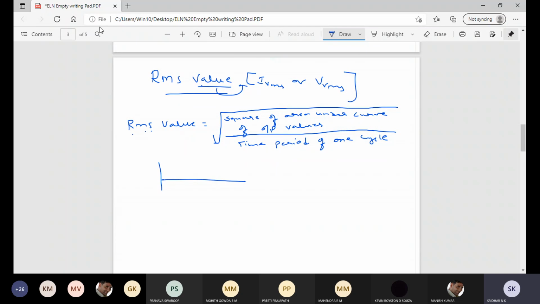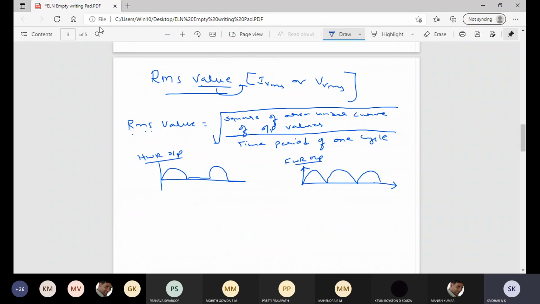The output of half wave rectifier looks like this, and the output of full wave rectifier looks like this. Correct? This is the half wave rectifier output, and this is the full wave rectifier output.